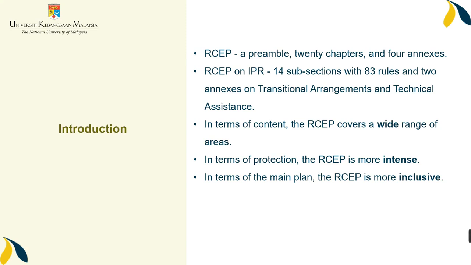The chapter covers not only traditional IPR protection such as copyright, trademarks, patents, designs, traditional knowledge and folklore, geographical indications, and genetic resources, but also broader areas of cooperation such as anti-unfair competition, IPR cooperation, enforcement, and technical assistance.